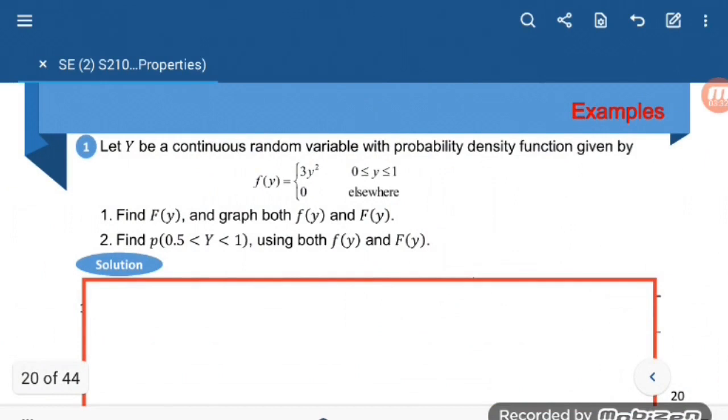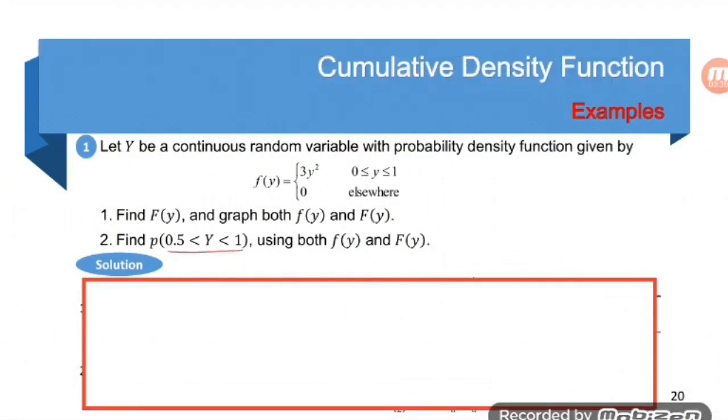Now we need to find this probability that y is between half and 1 using both the PDF and the CDF. Let's now do this.